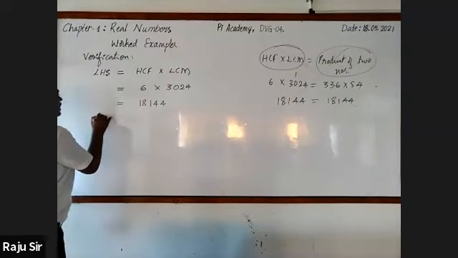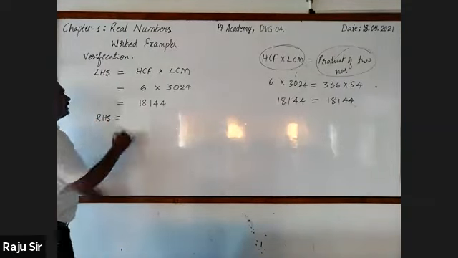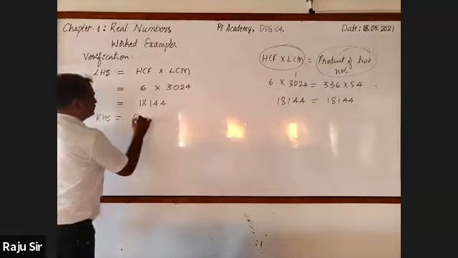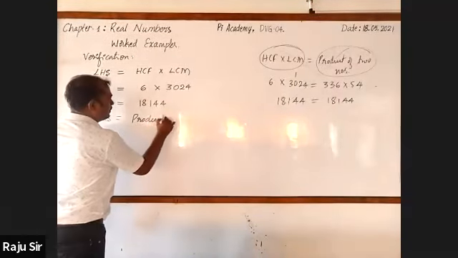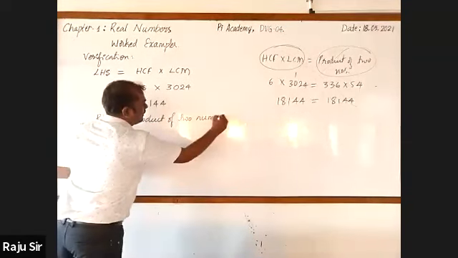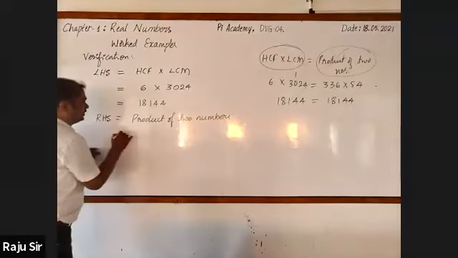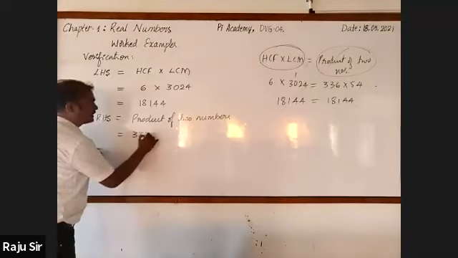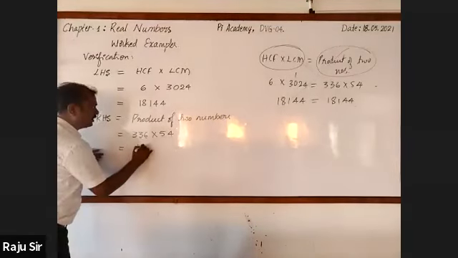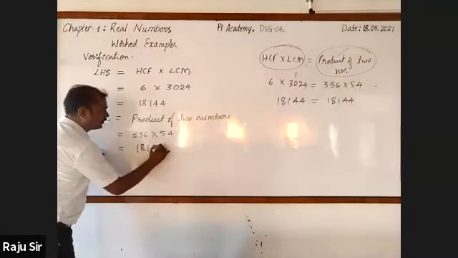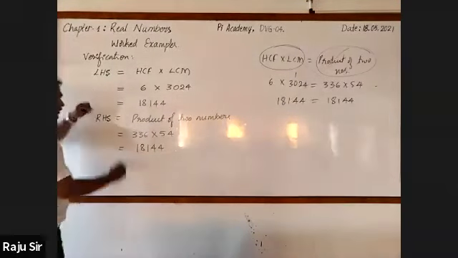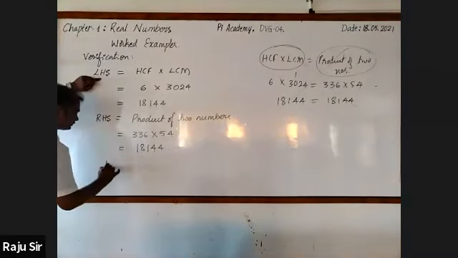Next, RHS. RHS is the product of two numbers. Write those numbers. It is 336 and 54. On finding the product, again you get 18,144. Observe here.